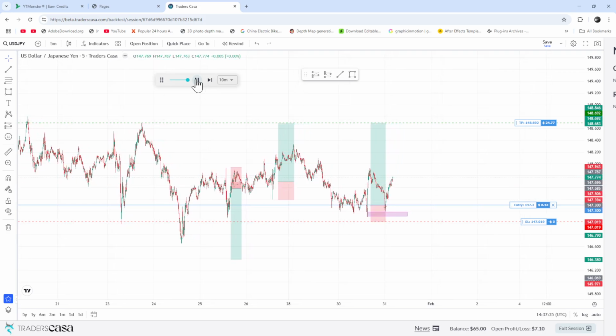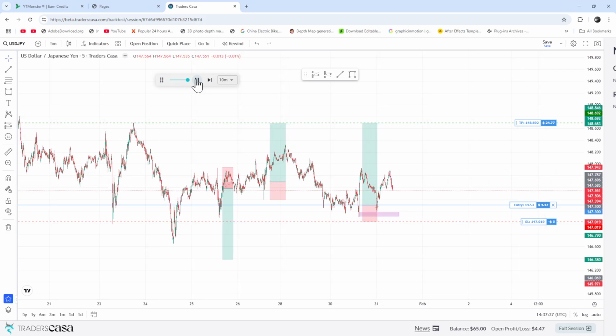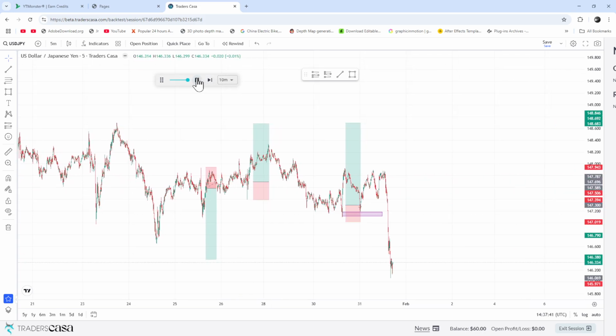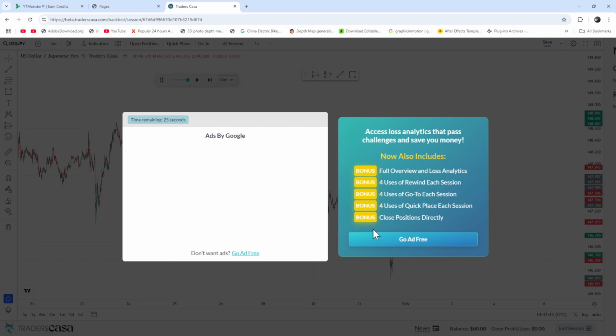Boom, the market is open and is trending up as we said, but not for long. Let me pause. No, I wanted to pause, but yeah, hey, we are stopped out. That's the reality of trading, guys. So don't think the market will be in your favor always. That's why they tell you 90% of traders lose.